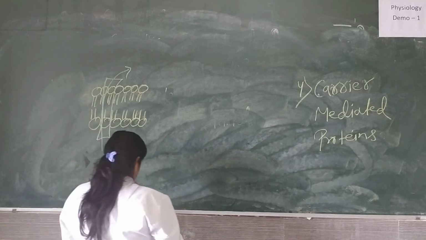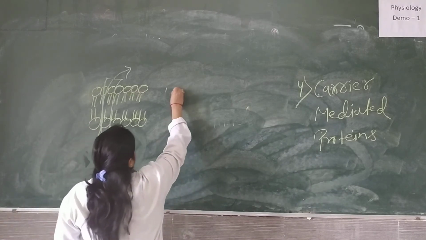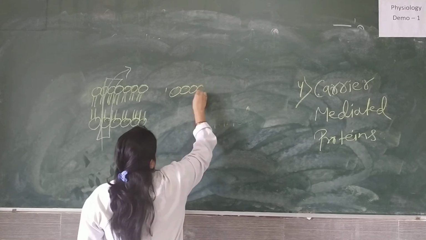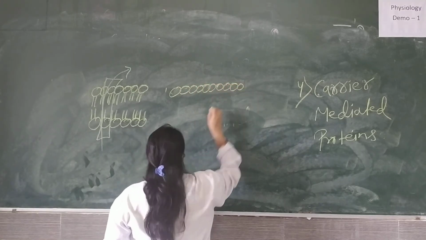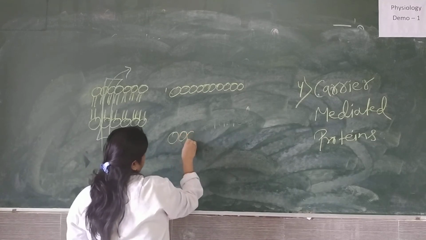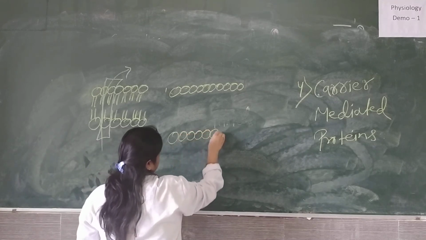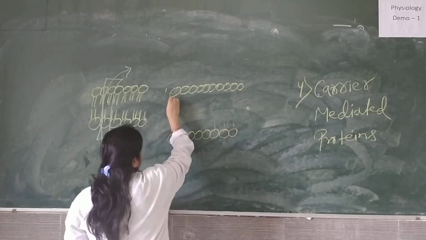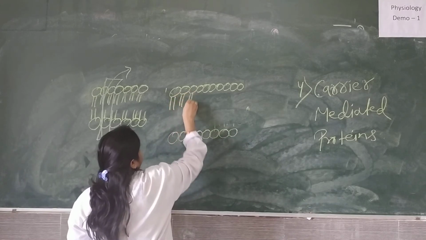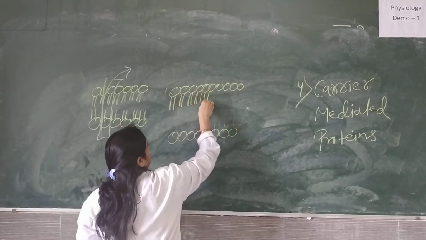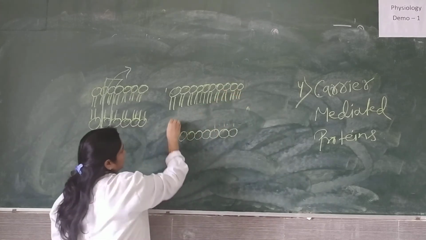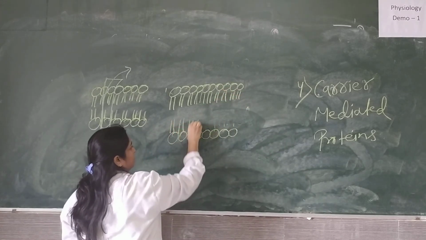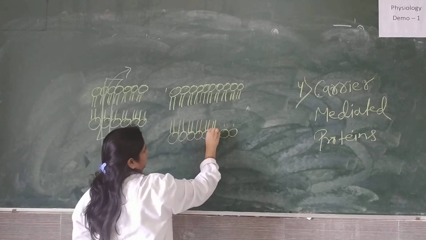The next channel we will talk about is the voltage gated sodium channels. These voltage gated sodium channels are located towards the ECF because sodium ions are more towards the ECF.